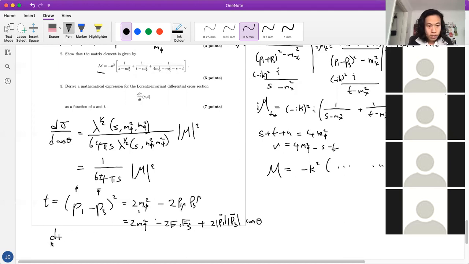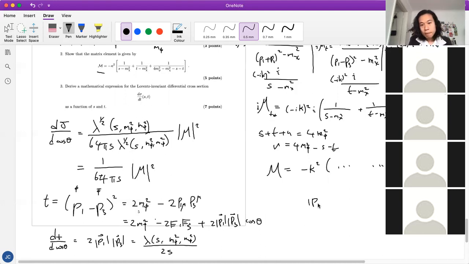Okay, and now we just do dt d cos theta is equal to 2 P1 P3. And remember, these can be related back to the Källén function, so it equals lambda(s, m phi squared, m phi squared) over 2s.